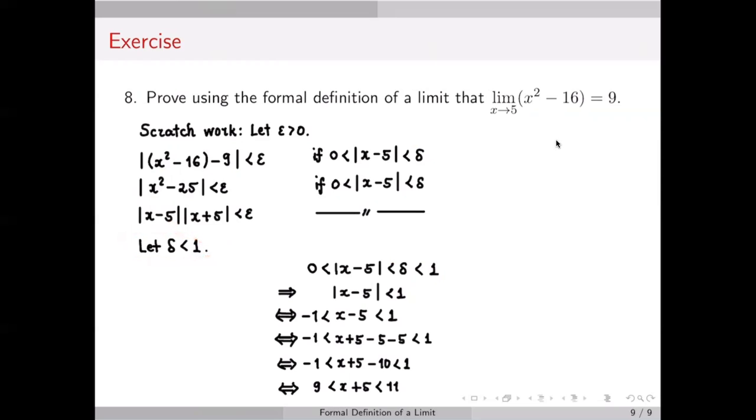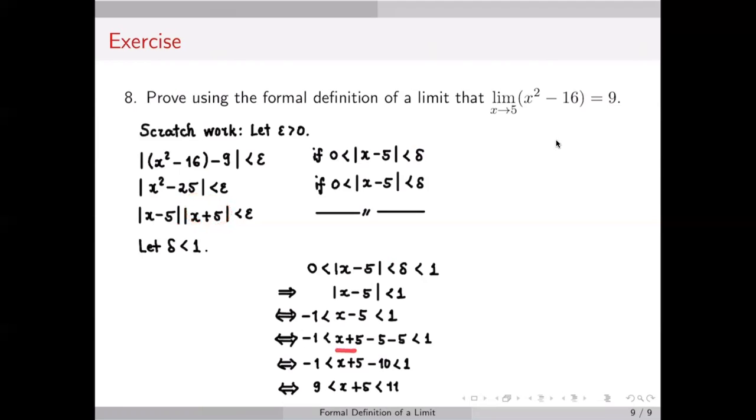We make the same restriction, let delta be less than 1. So the first thing that we do is take again this condition and restrict delta to be less than 1. So we have this inequality again, absolute value of x minus 5 is less than 1, which means x minus 5 is between negative 1 and 1. The goal here is to produce absolute value of x plus 5.